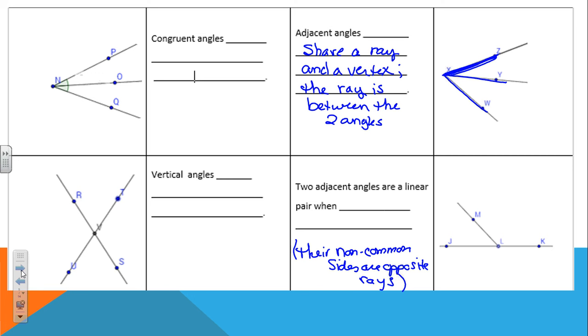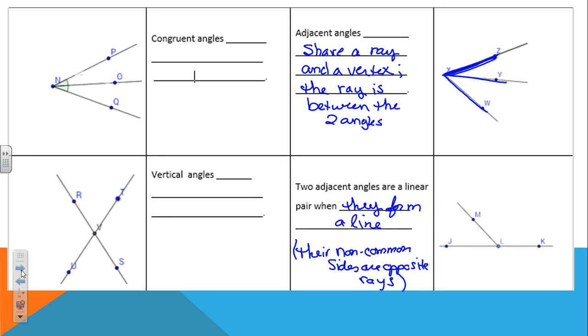And then we need to talk about vertical angles. Vertical angles, we have a formal definition from our book.